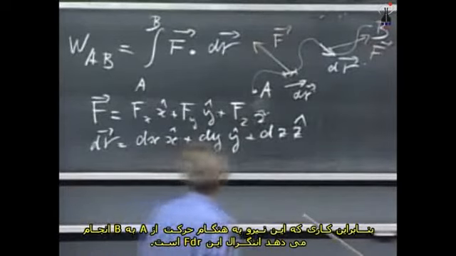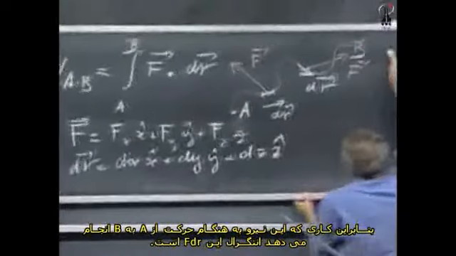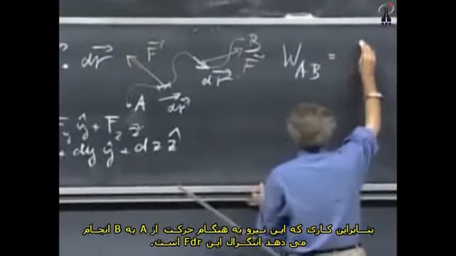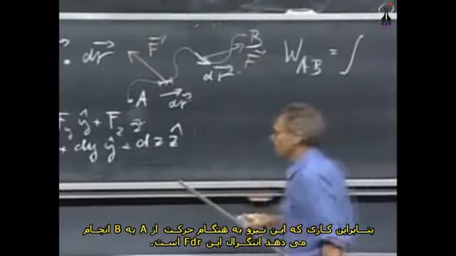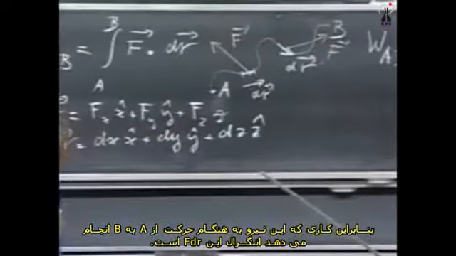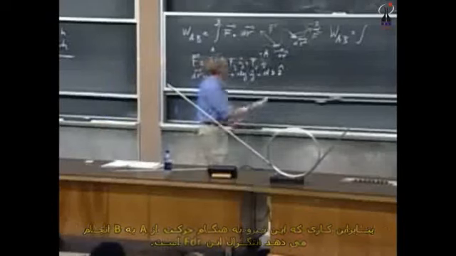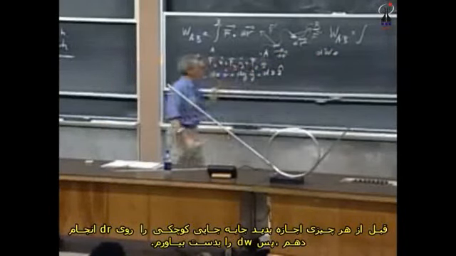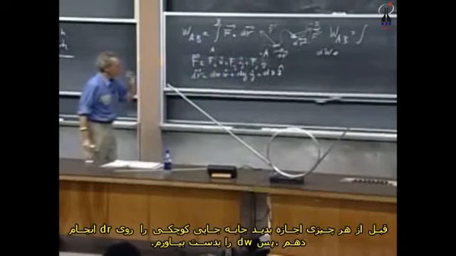So the work that this force is doing when it moves from A to B is the integral of this F dot dr. Let's first take a small displacement over dr. Then I get dW.